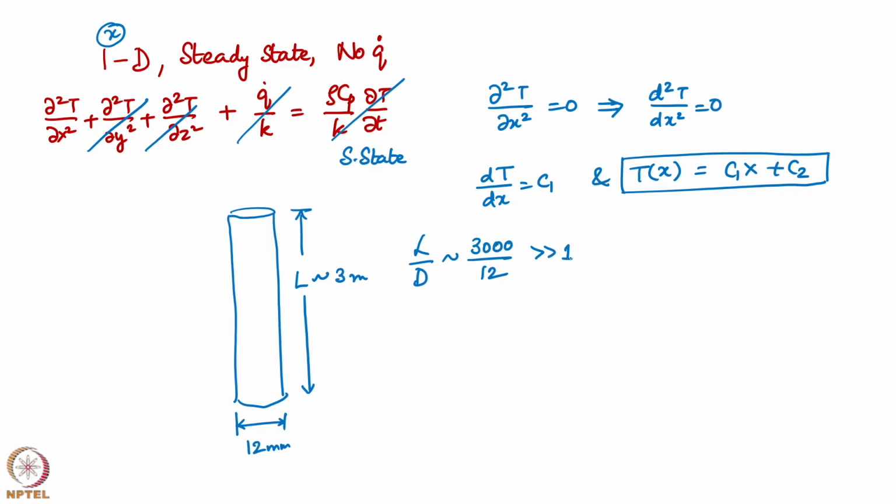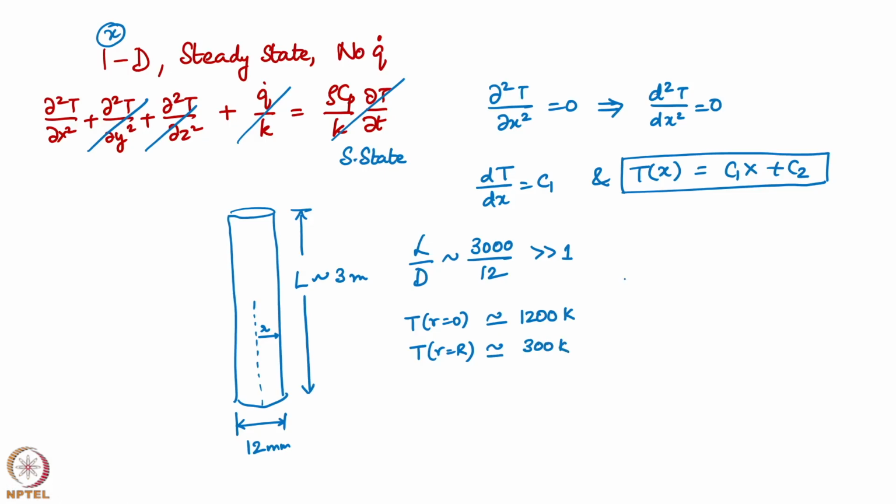The typical temperature distribution: the value of temperature at r equal to 0 will be of the order of say 1200 Kelvin or maybe slightly more. T at r equal to R, where radius is R, this is your center line. r equal to 0 is the center line and r equal to capital R is the surface, maybe 300 Kelvin.